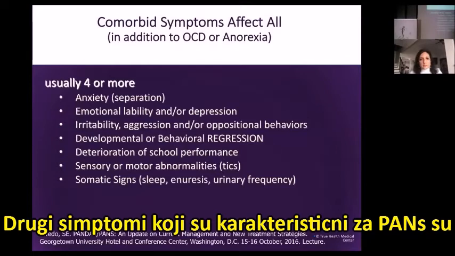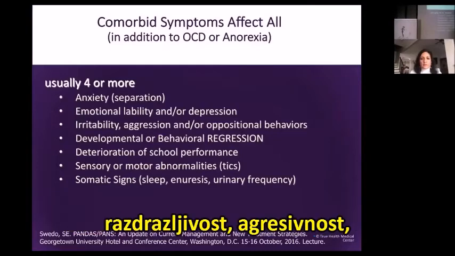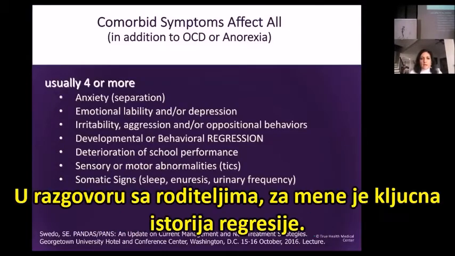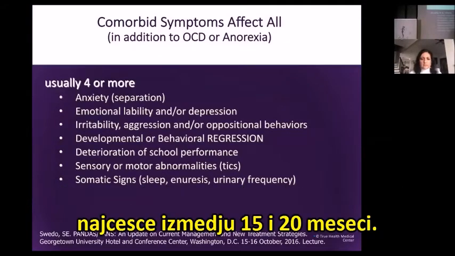So other symptoms that are associated with PANS include emotional lability or depression, irritability, aggression, oppositional behaviors. I think the key for me, when I talk to parents, is this history of a regression. You guys tell me that your child often regressed into autism between 15 months of age and 20 months of age.